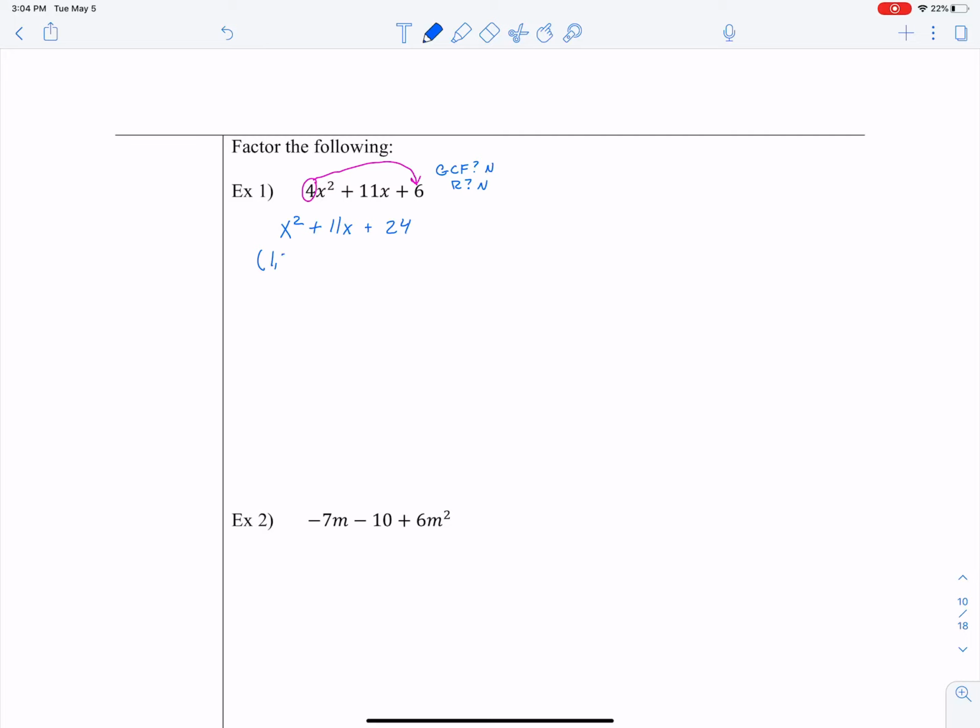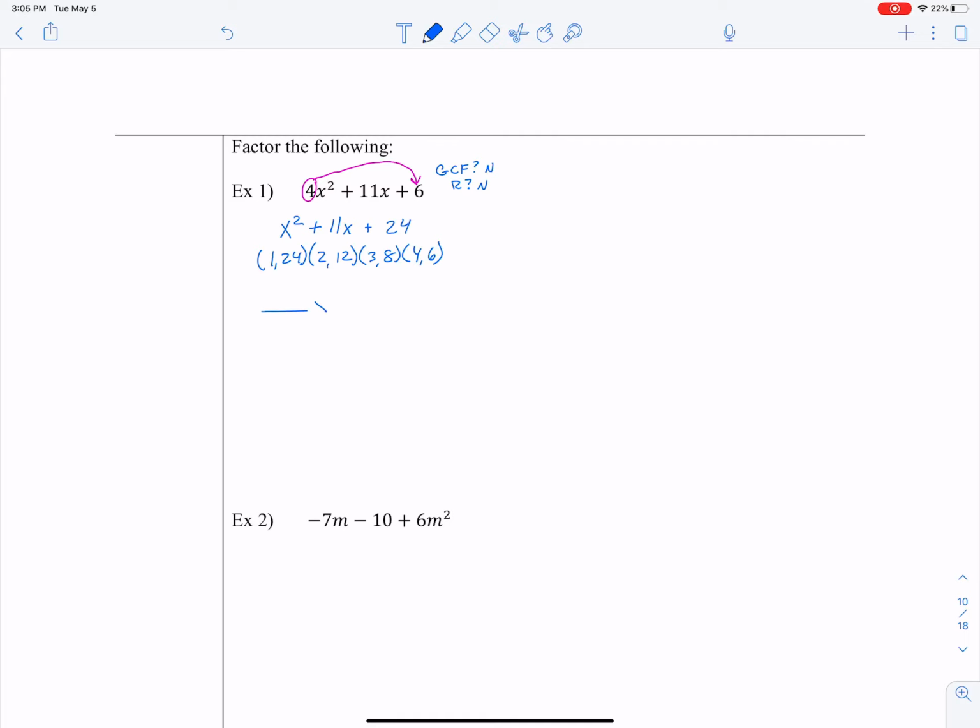So we need numbers that multiply together to give 24. So we have 1 and 24, 2 and 12, 3 and 8, and 4 and 6. So those all multiply together to give us 24.